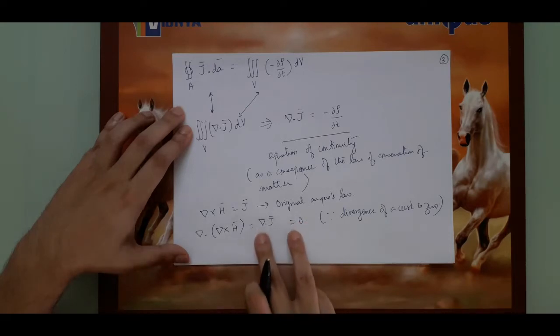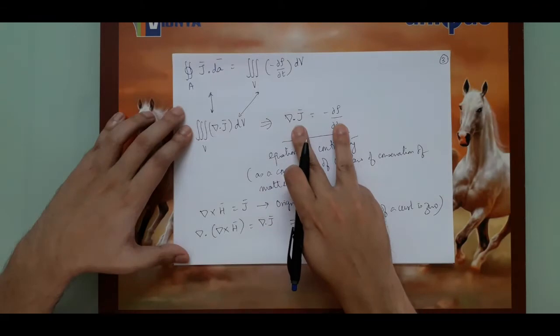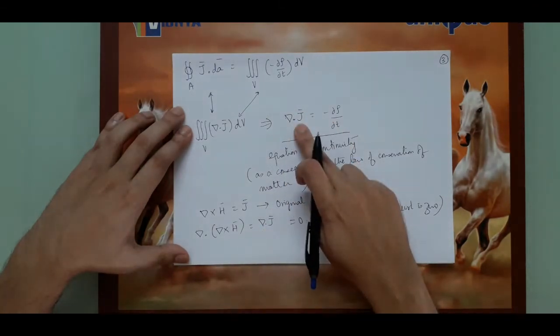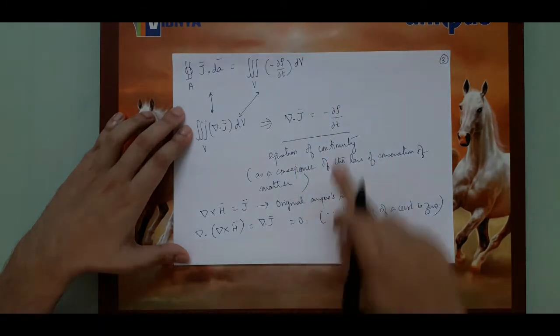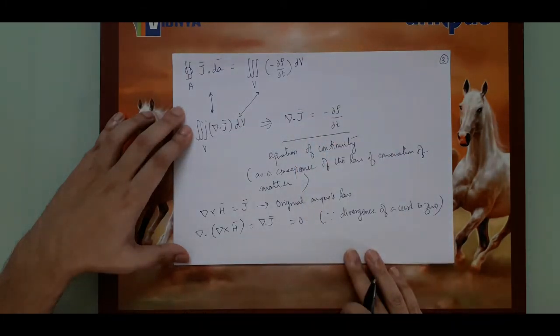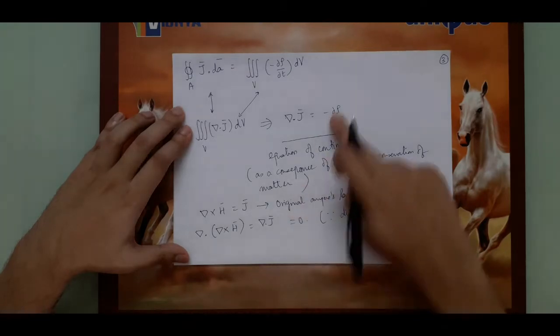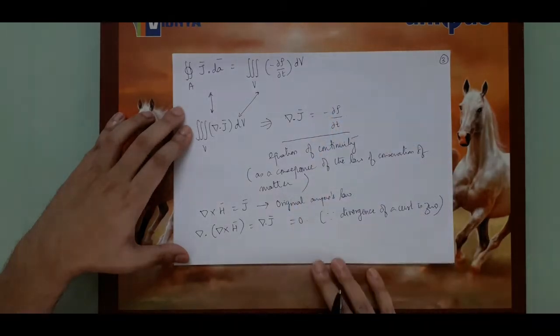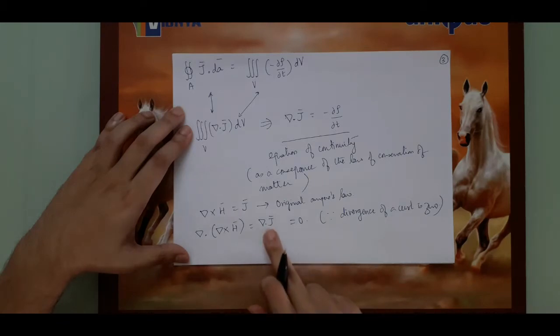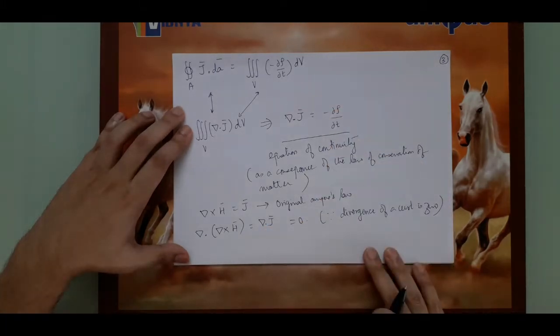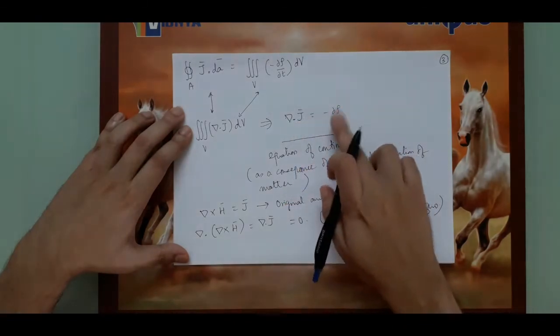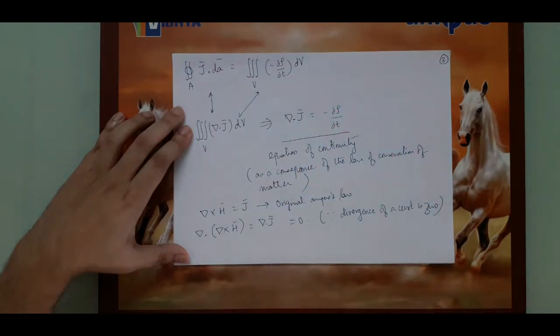So this is zero, but we just said that the divergence of the current density vector cannot be zero. It is minus d rho by dt. So clearly there is some kind of an anomaly. Ampere's law in the present form says that the divergence of J must be zero, but the equation of continuity says that the divergence of J must be this quantity, which is non-zero.